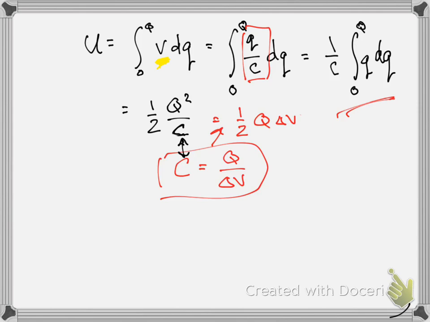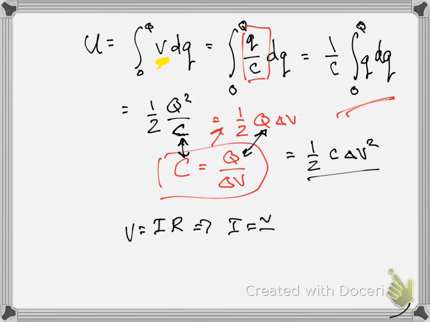And we can also write this in terms of Q and C, or Q and V. What if we just want to write it in terms of C and V? Again, making the substitution for Q in that second equation, we can get 1/2 C delta V squared. So we've got 3 equations. It's sort of like saying V equals IR, and therefore I equals V over R, therefore, oh no, it's not the same.